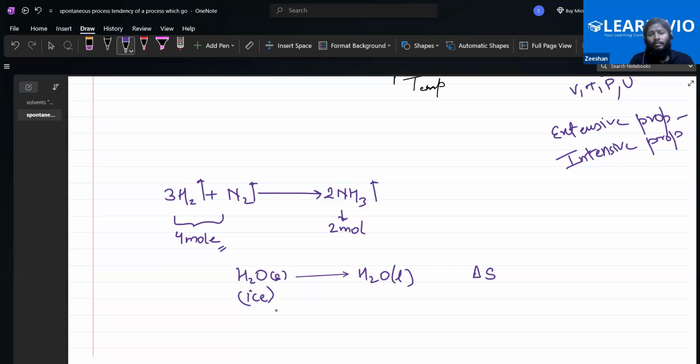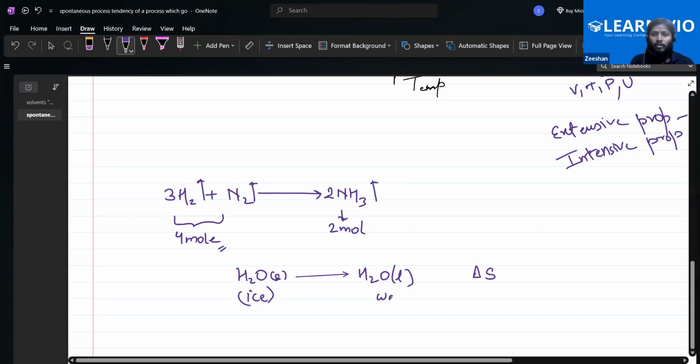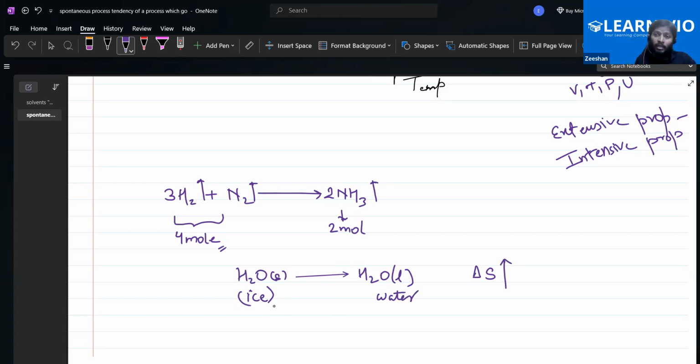So H2O solid is ice, and ice is converted into water. So here entropy has been increased. How? Because any molecules in solid form are less vibrating, less delocalizing, right?